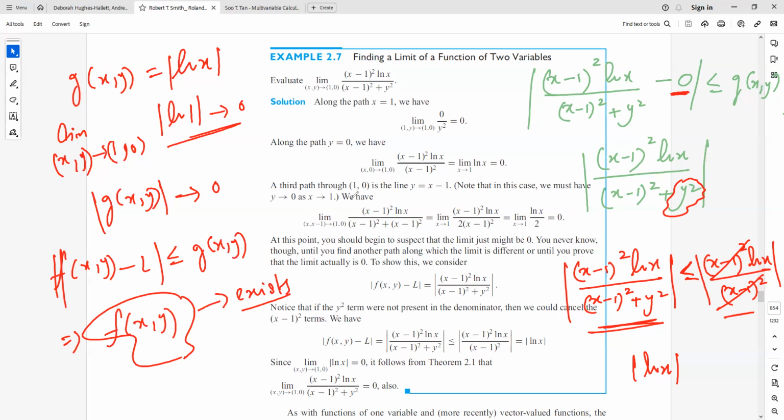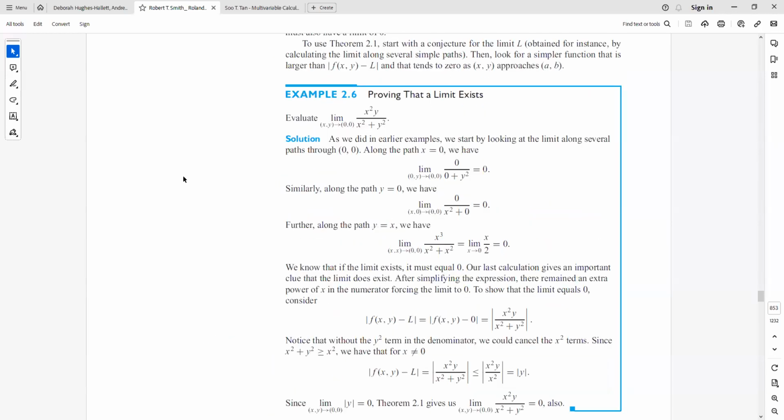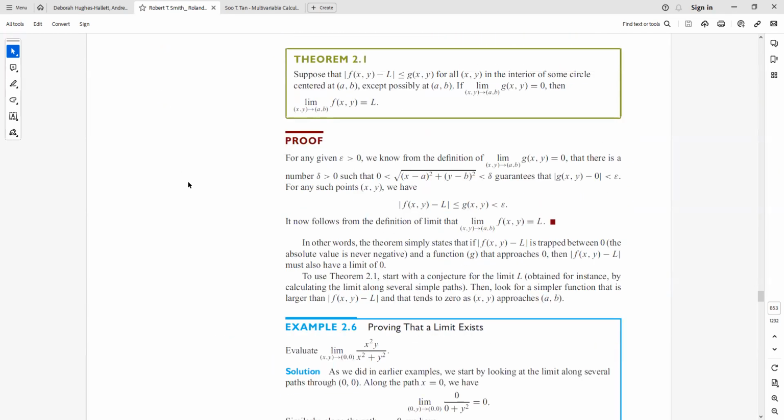So this is the way that we can show that the limit exists, right? So it's something more complicated than the process of showing that the limit doesn't exist. One thing you should notice here is that this is the mandatory condition: the function g of x y that we are finding, which is greater than the absolute value of f of x y minus L, should converge to 0.